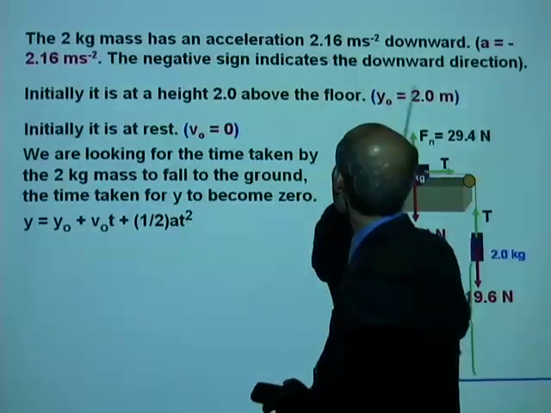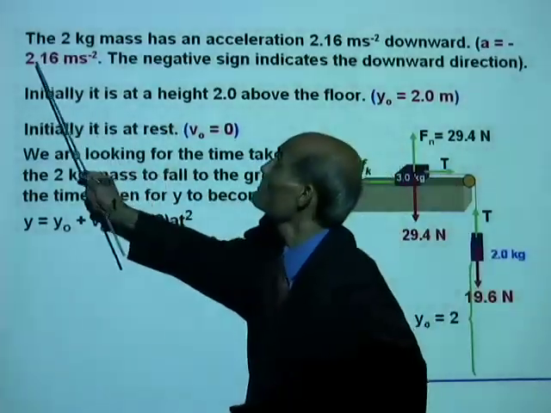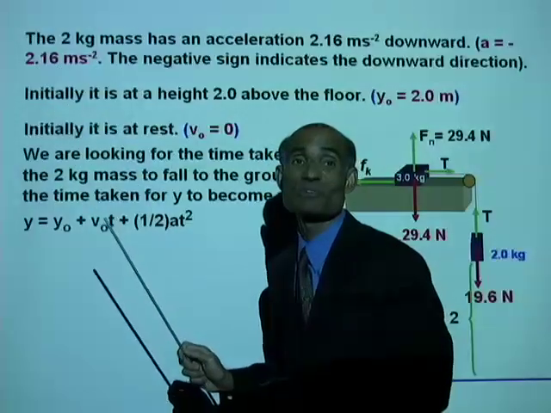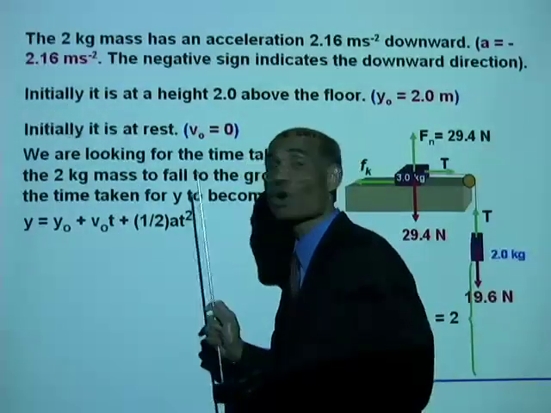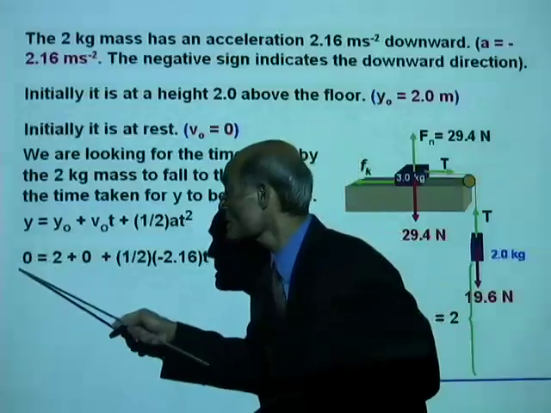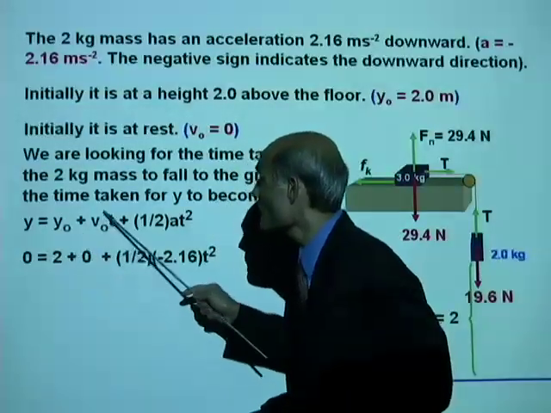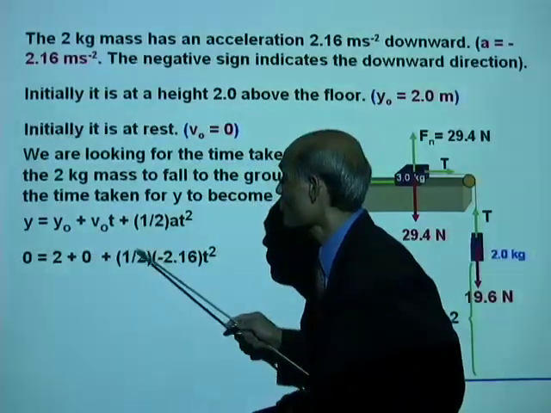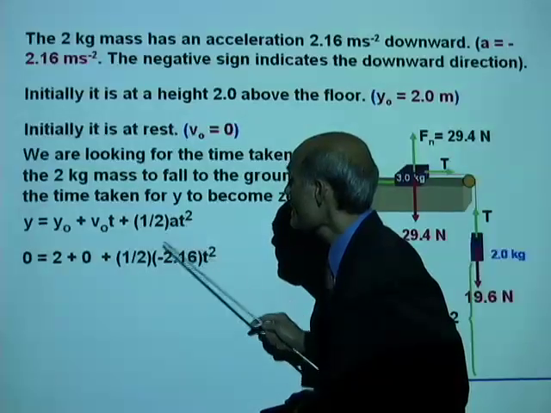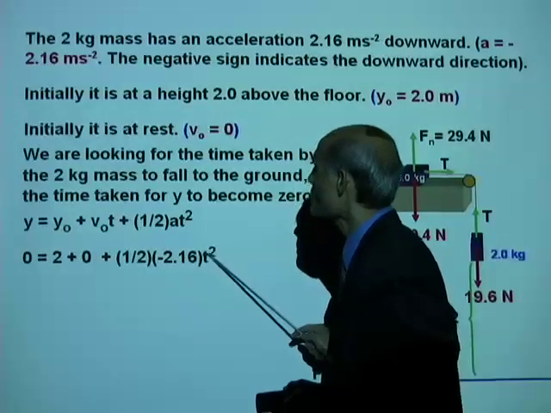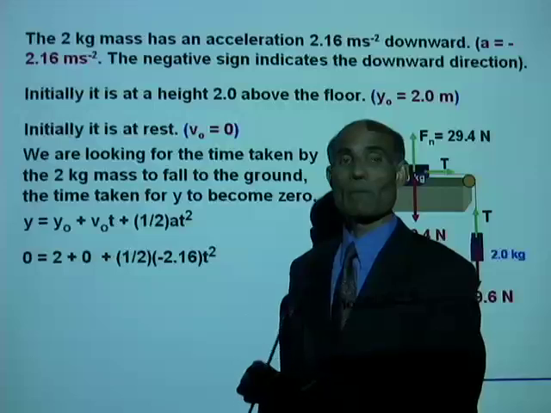What is the value of a? a is negative 2.16 meter per second squared, and solve for the time. So 0 equal to 2 plus 0 plus 1/2 times a, which is negative 2.16, t squared.